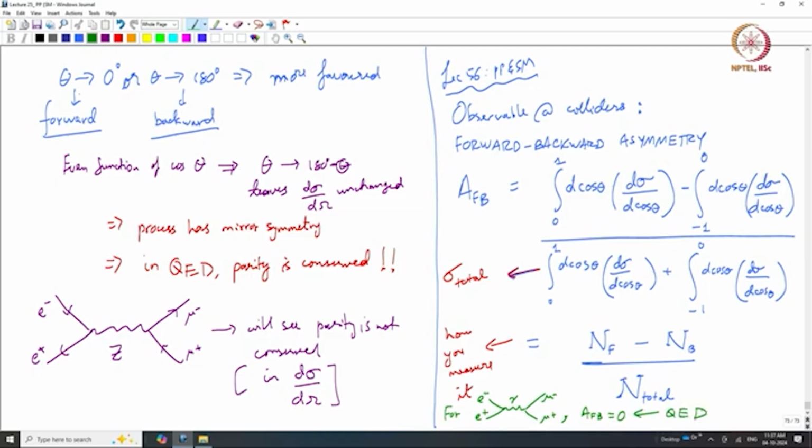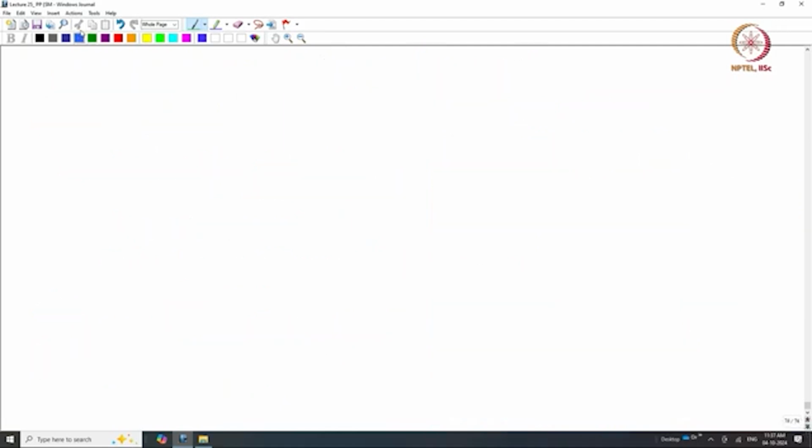But the forward backward asymmetry need not be 0 when I have the weak interactions, when I have, for example, the Z boson coming into the picture. This is how you measure parity non-conservation, parity violation.